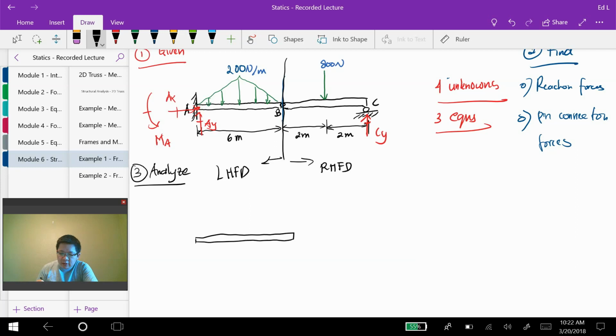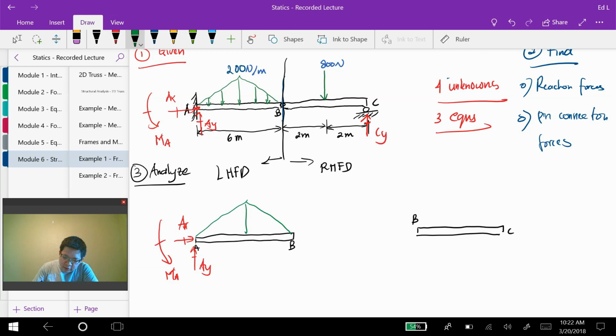So this is A, this is B, and then this is C, this is B. On the left we have AX, AY, and MA. Then we have the symmetric distributed force, with the magnitude at the midspan of AB being 200 Newton per meter.